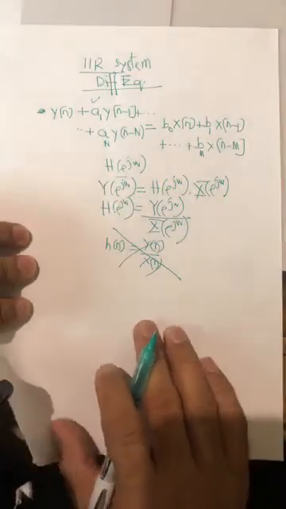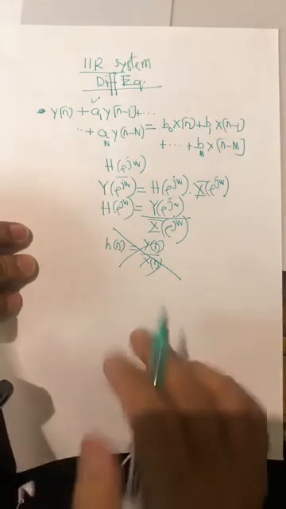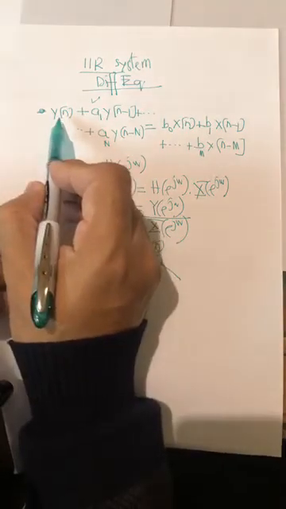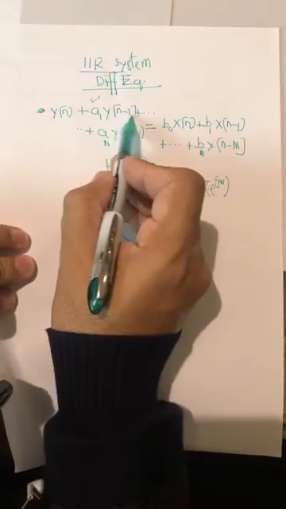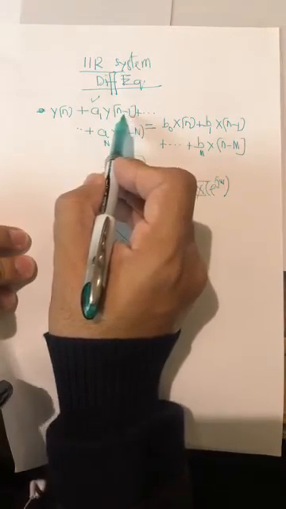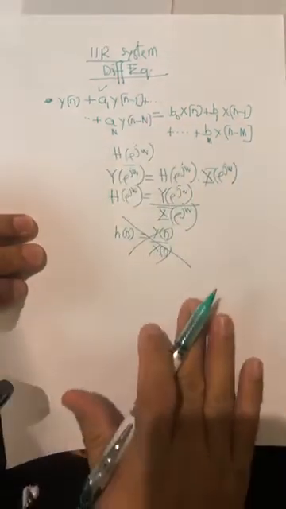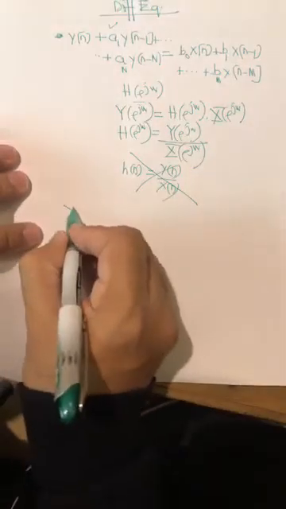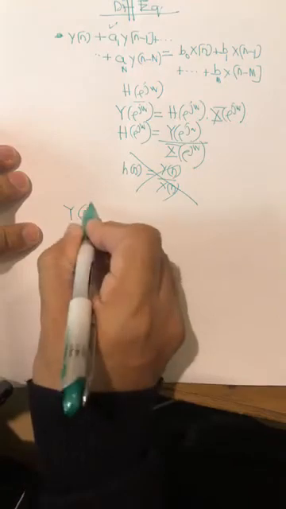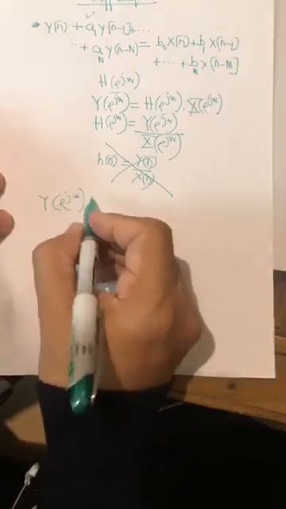Once you take the Fourier transform of both sides, y[n] becomes Y(e^{jω}), and a delay in time is e^{-jω}. You multiply the Fourier transform with e^{-jω}.